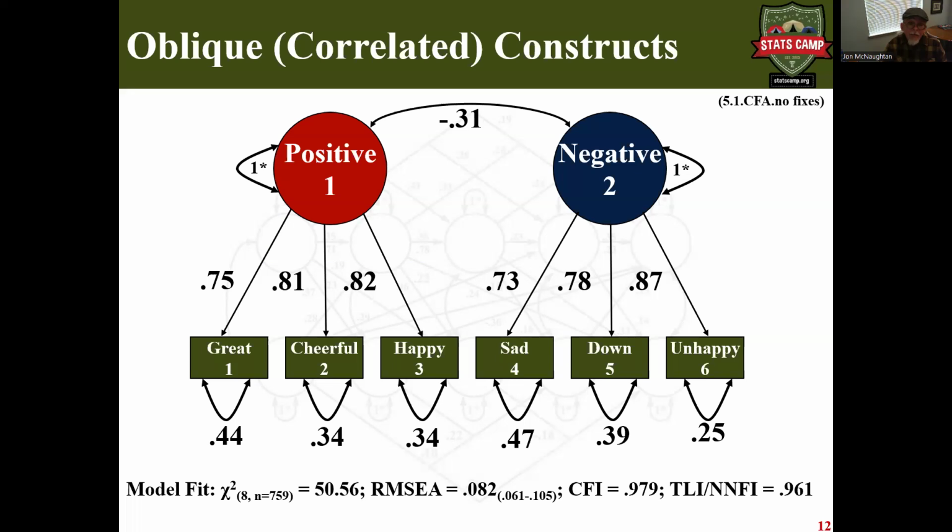If I square the loading, it's the amount of variance explained by that latent construct, plus the residual. In this case, 0.75 squared plus 0.44 would equal 1.0. That's the total variance in grade. Of it, 0.75 squared is explained by positive affect. Cheerful and happy, we're at 0.80. Over on the negative affect side, we're again in the 70s and 80s.